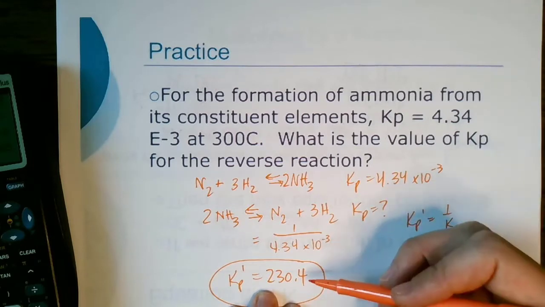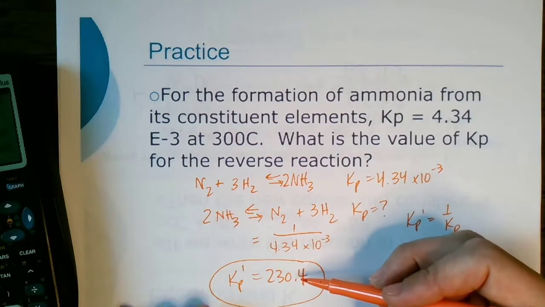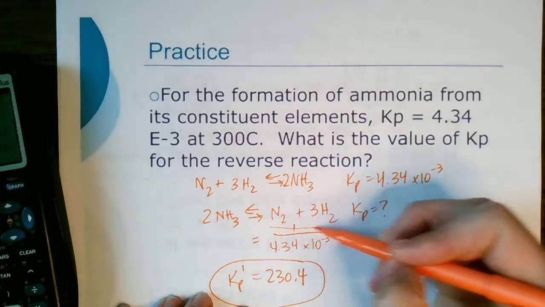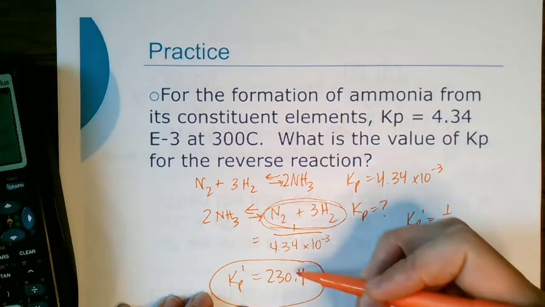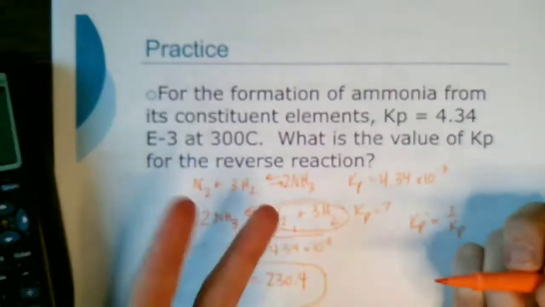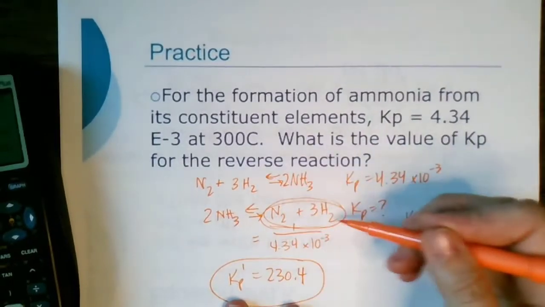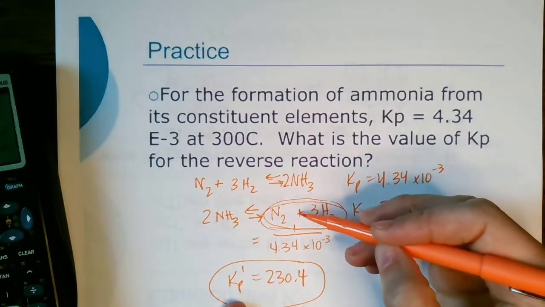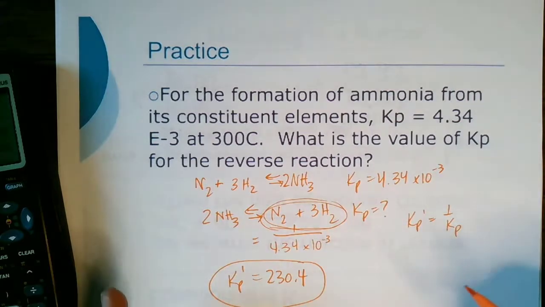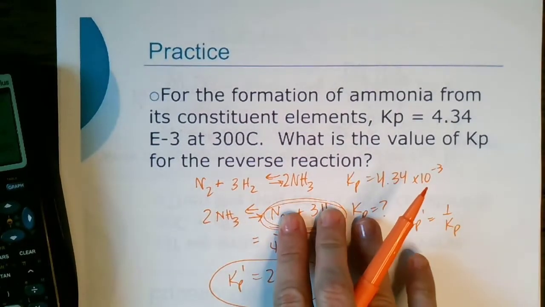So again, a very large K constant says that our equilibrium lies to the products. So this is telling me that my products are favored with this very large value. Now this is the same equation as that, it's just the opposite, right? We just flipped it. So in this reaction, N2 plus 3H2, to get to equilibrium, it's far right towards my products.